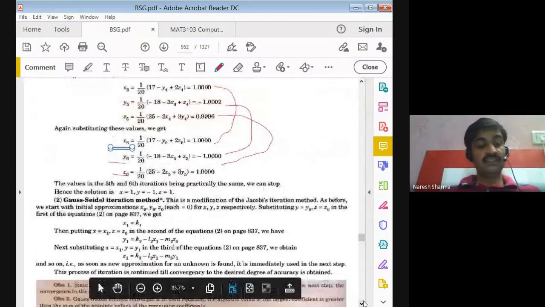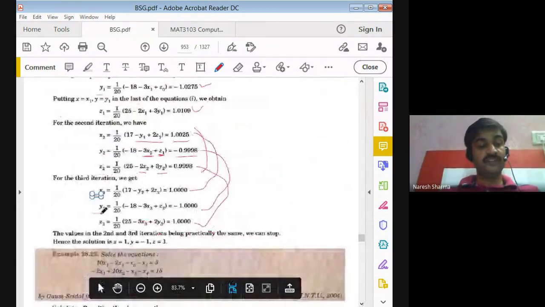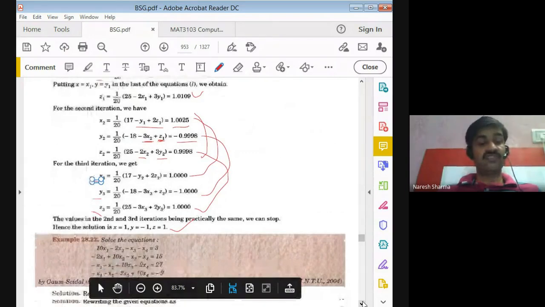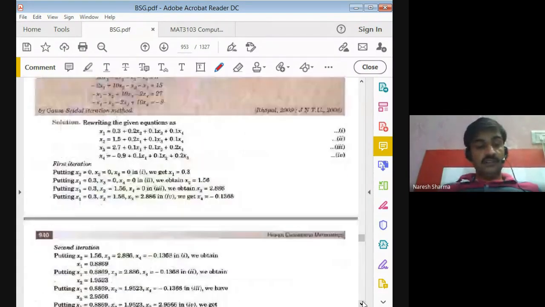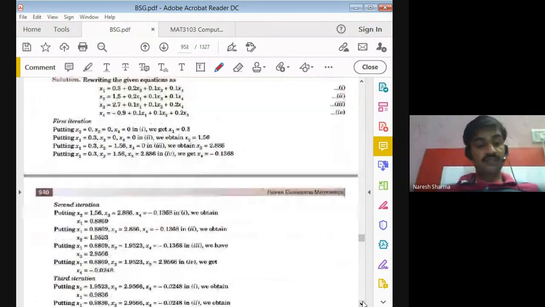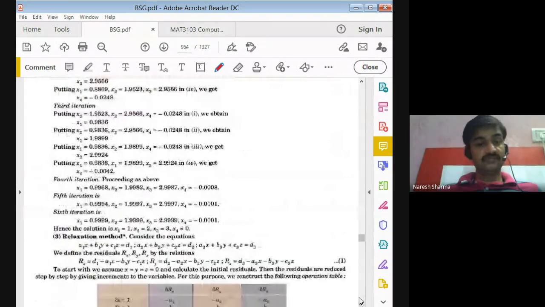But in the Seidel method, you get the result in the third iteration only. So obviously the Seidel method is better compared to the Jacobi method, as it gives you the result earlier. It is a fast convergence method, you can say. A few more examples you can try for these methods.